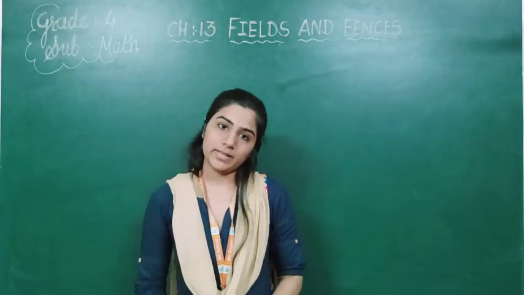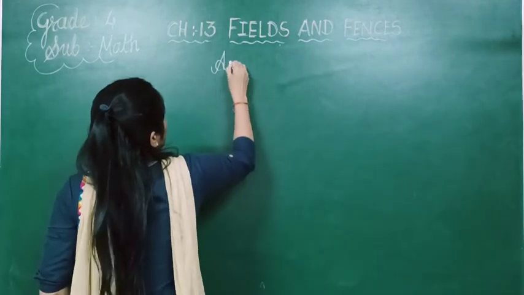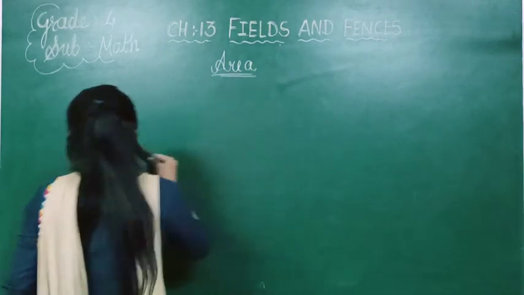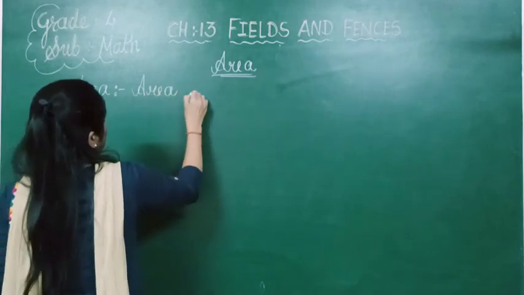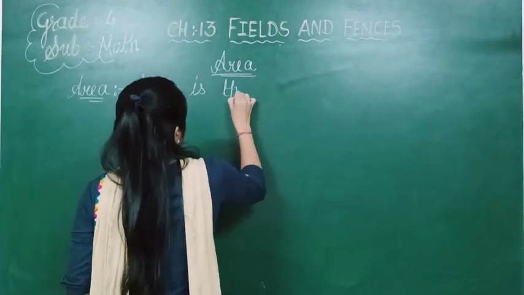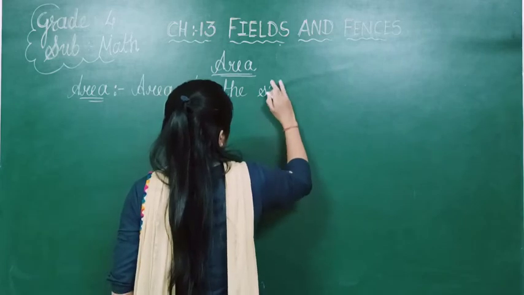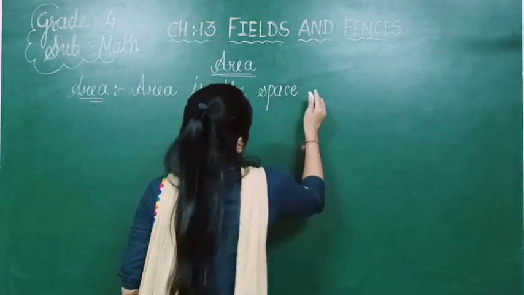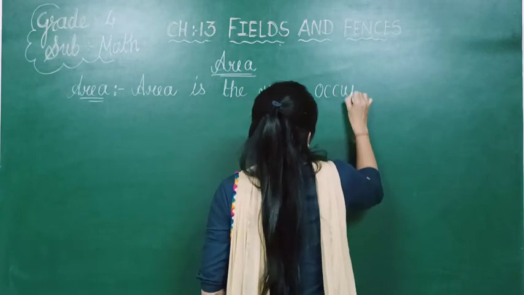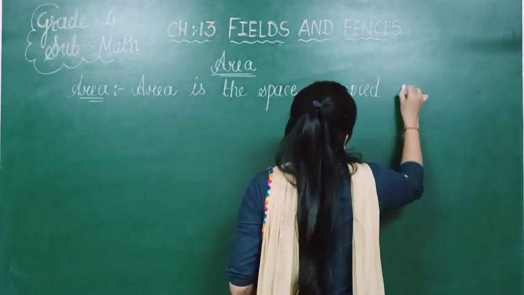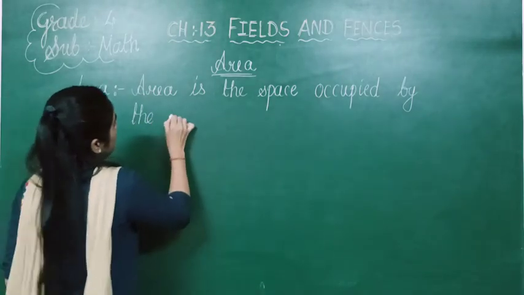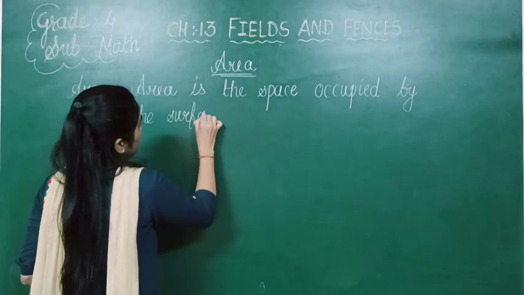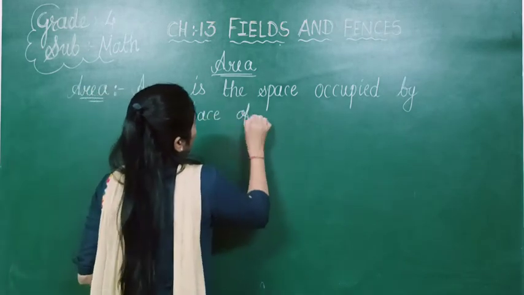Now what is called area? So if we want to write the definition of area, we can write it this way: area is the space occupied by the surface of an object.